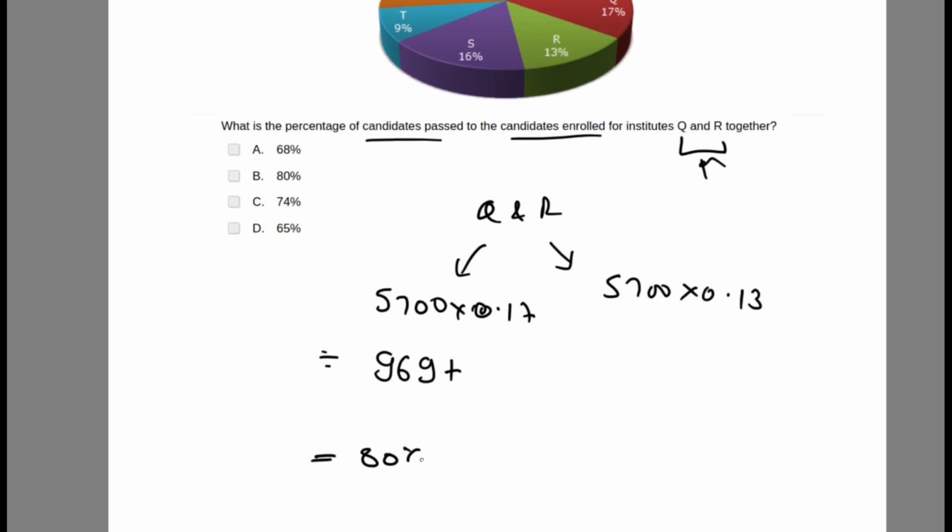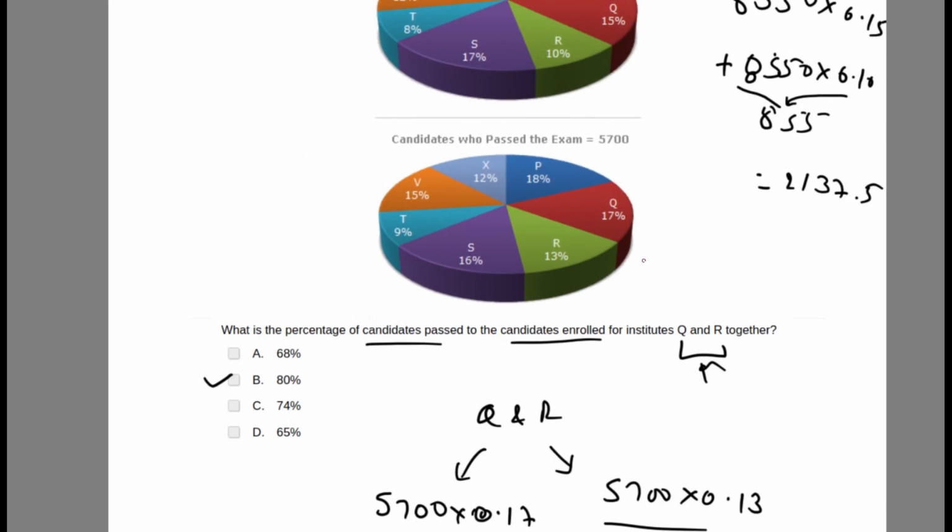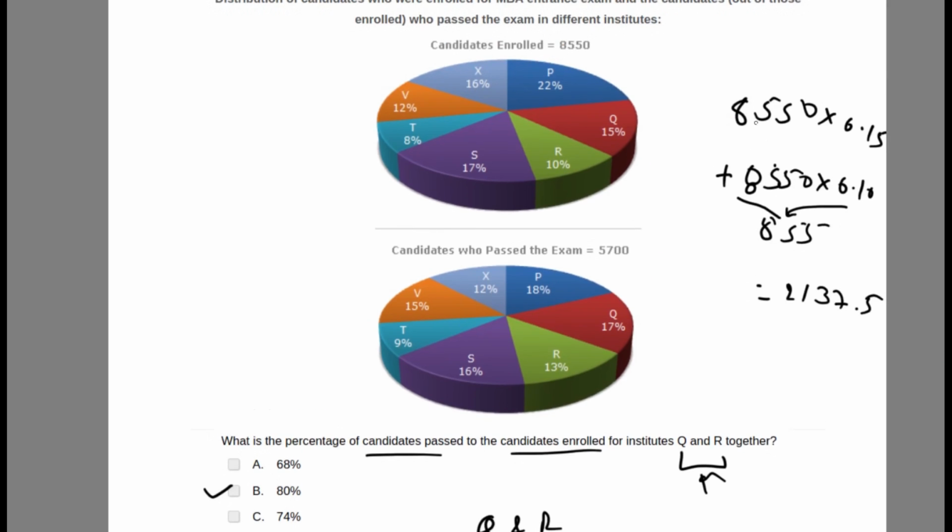Final answer is 80%. Let me just explain how I found out. I first found the number of candidates passed in Q and R, and the total summation was 1710. Then I found the number of candidates enrolled in Q and R institutes together. So for Q and R, the summation was 2137.5.